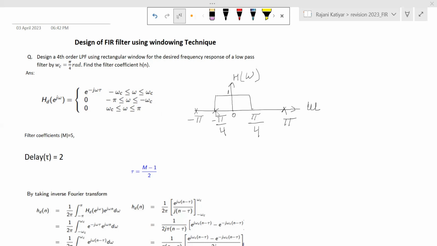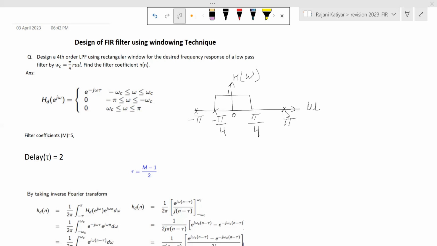We can see the complete range for omega is from −π to π, and the filter is low pass, which means all the lower frequencies from 0 till π/4 have to be passed. So the cutoff frequency is −π/4 and +π/4. Up to that, the response of the system is unity, since we are designing a low pass filter.